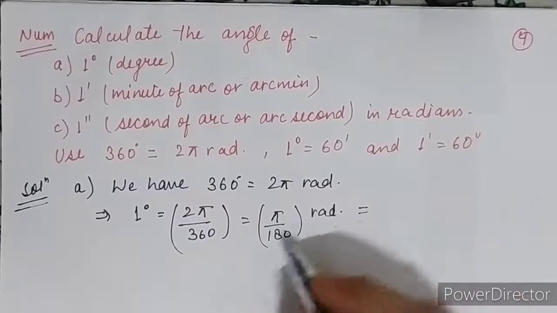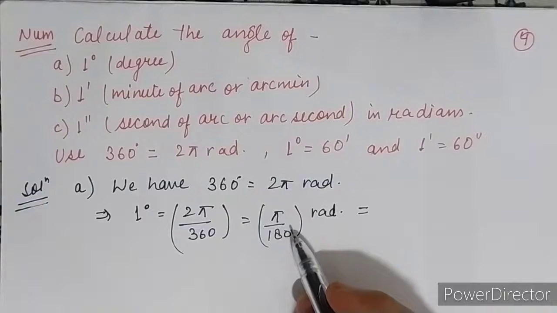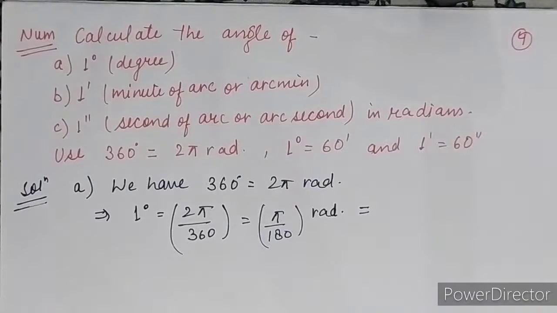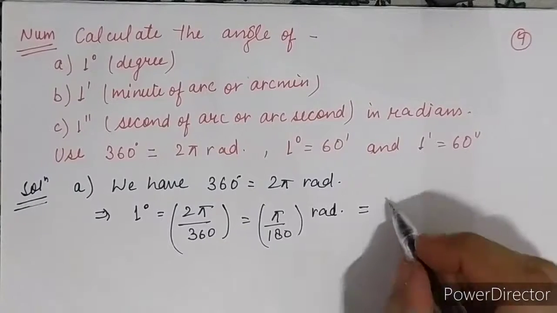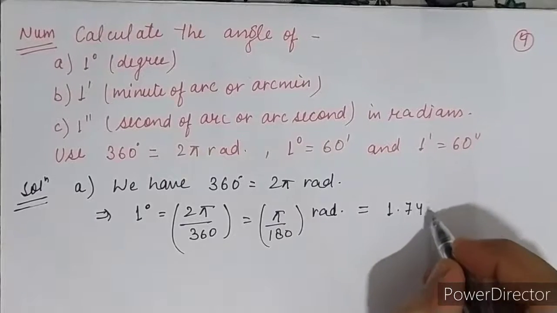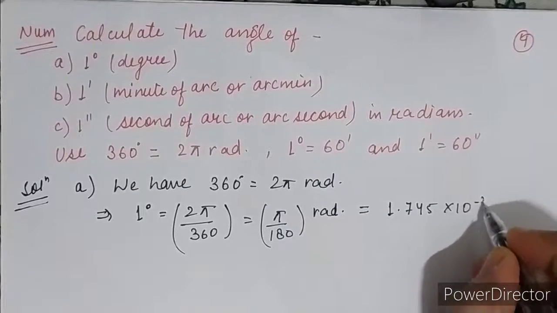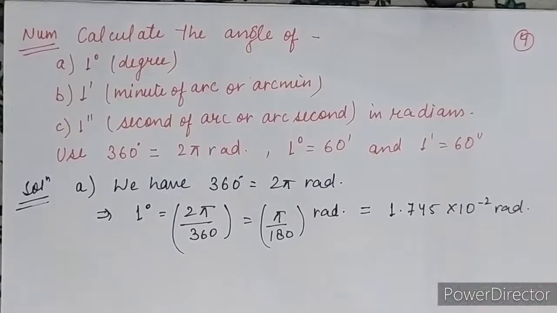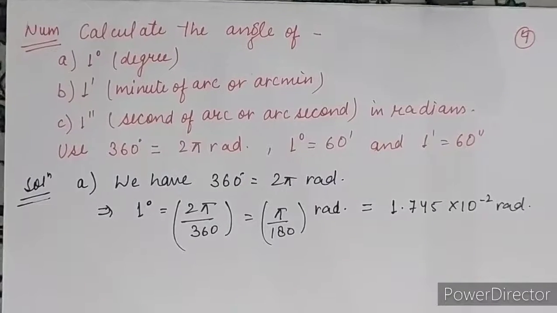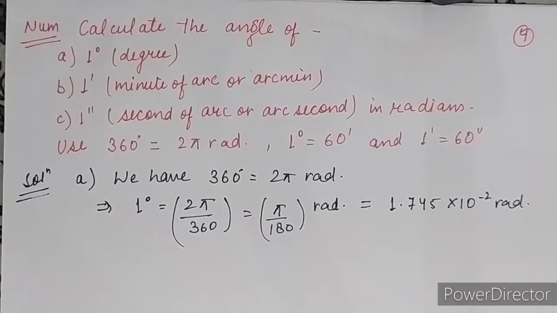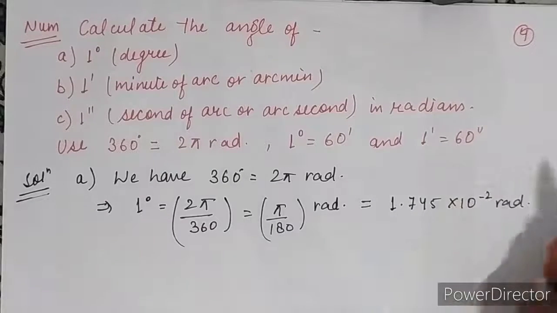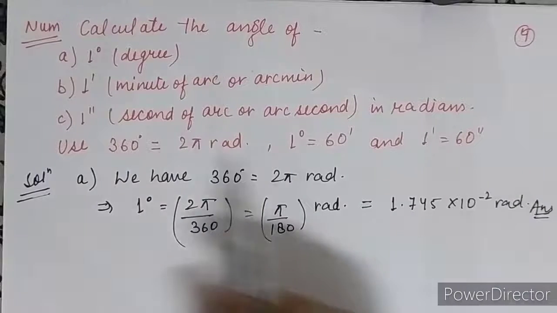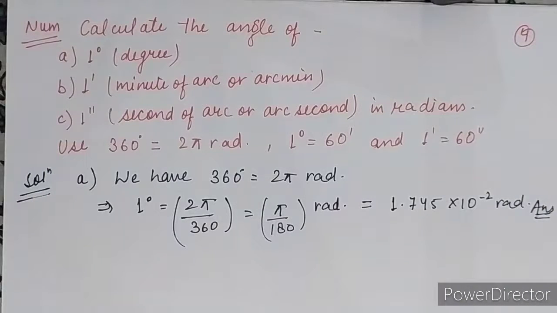When you solve this, taking the value of pi as 3.14, or 22 upon 7, you get the value 1.745 into 10 to the power minus 2 radian. I have solved this already; you may also solve it on your own. Just try it once. Clear? So the first part is calculated. This is the answer of the A portion of this numerical: in 1 degree, 1.745 into 10 to the power minus 2 radian is present.